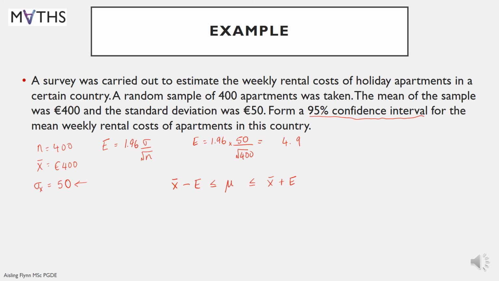Okay, so we'll have €400 minus 4.9 and €400 plus 4.9, and that will give me an interval of €395.10 up to €404.90.